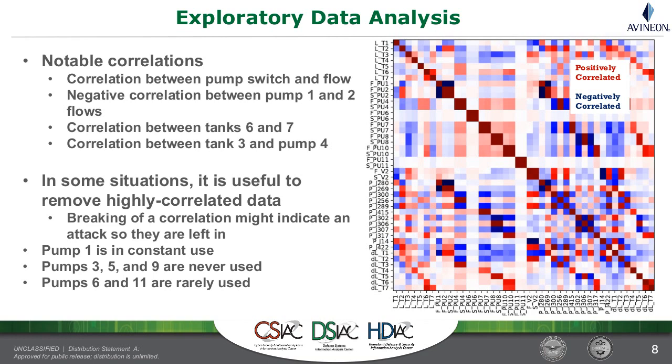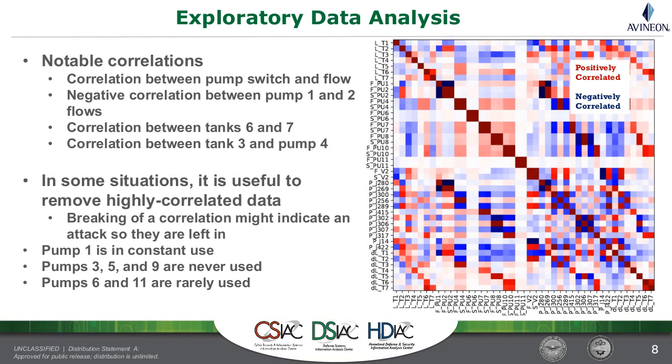So we did not remove or reduce the correlated data. We feel that the breaking of a correlation might indeed indicate anomalous behavior, and might be an important feature for us to identify an attack. So we did leave those correlated features in.